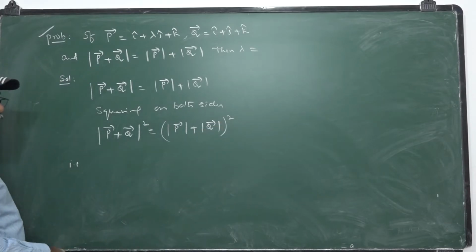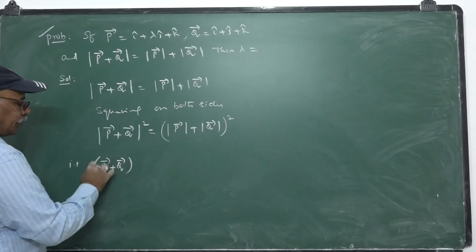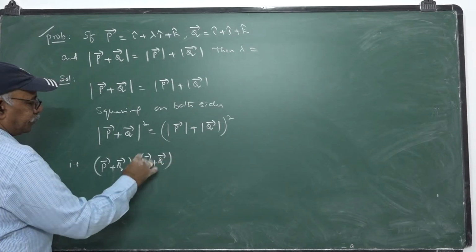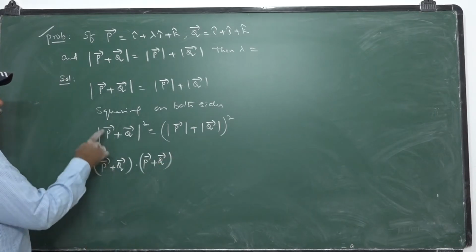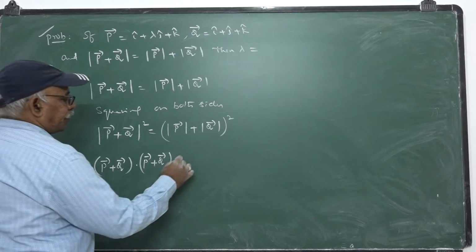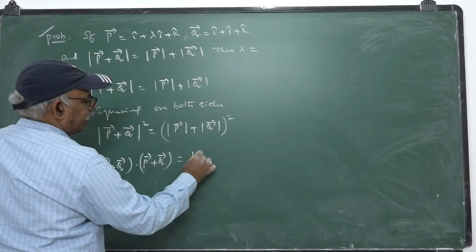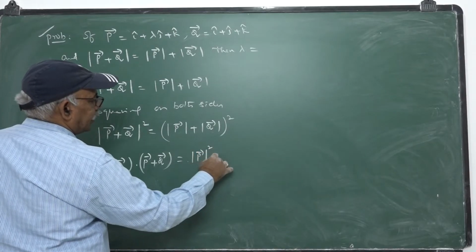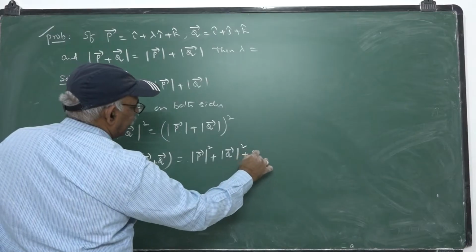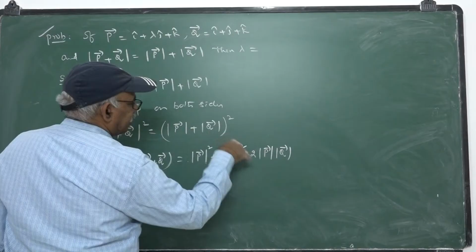This is nothing but P bar plus Q bar dot P bar plus Q bar itself. Dot product of the same vector gives us the square of its magnitude. So this is equal to some x plus y whole square form. Hence mod P square plus mod Q square plus 2 into mod P bar mod Q bar itself, a plus b whole square form.